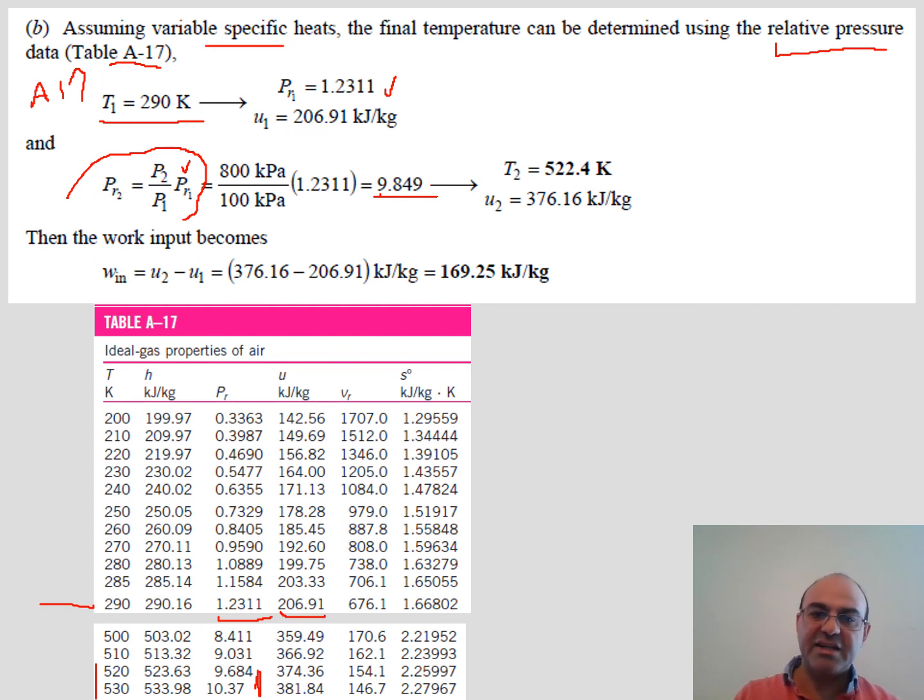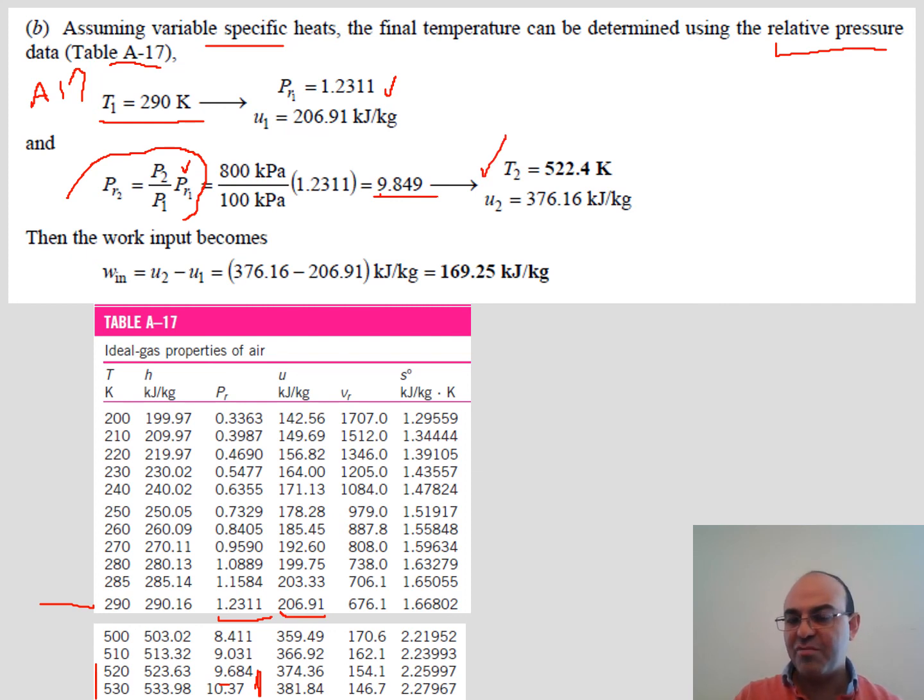So a linear interpolation is needed here again in order to find the exact temperature which corresponds to 9.849. So it should be somewhere in between here. If you do the interpolation, T2 becomes equal to 522.4.